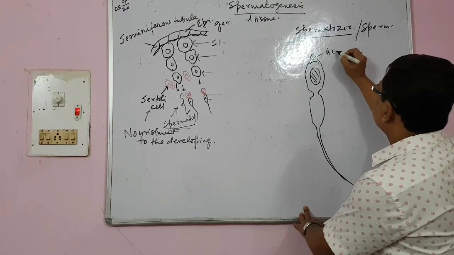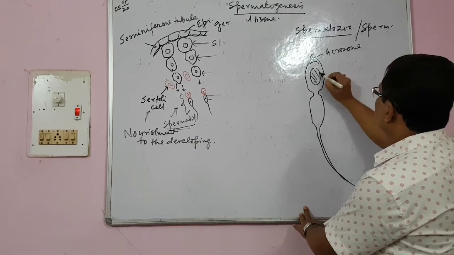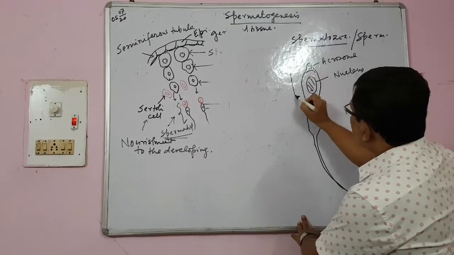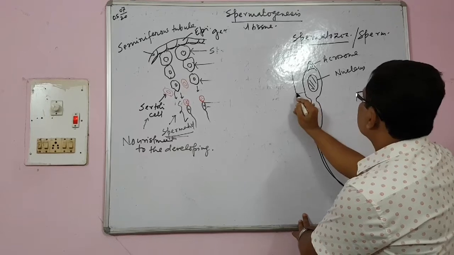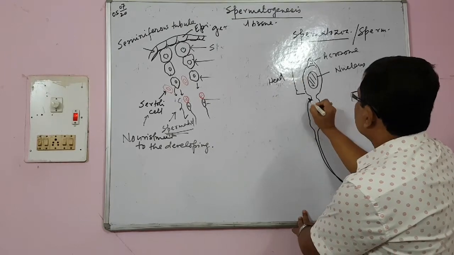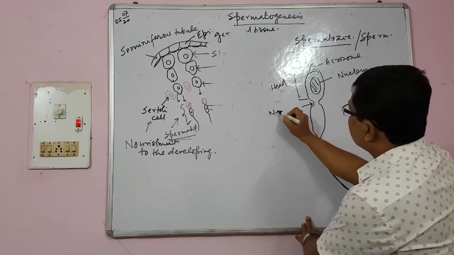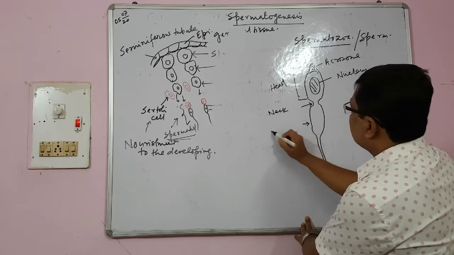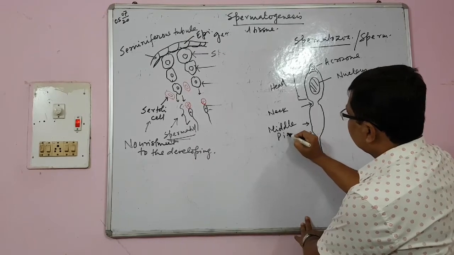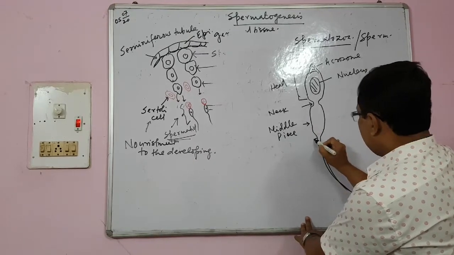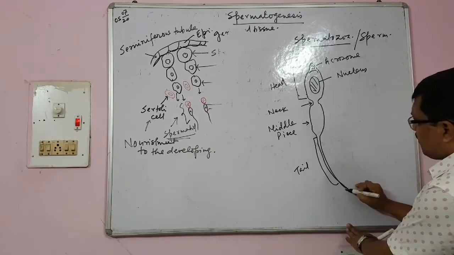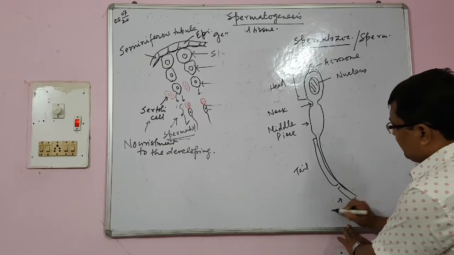This is the acrosome. This is the nucleus. This structure is the head. This one is the neck. This one is the middle piece, and from here to here is the tail, and this part of the tail is the end piece.